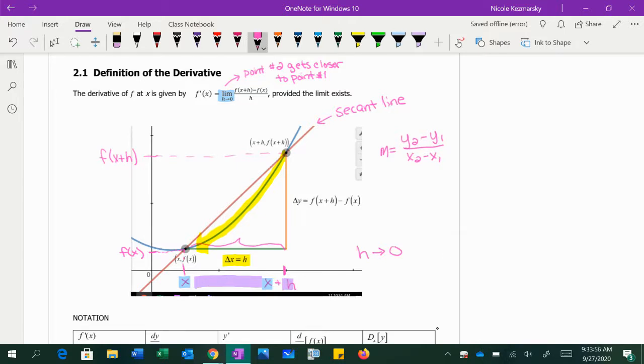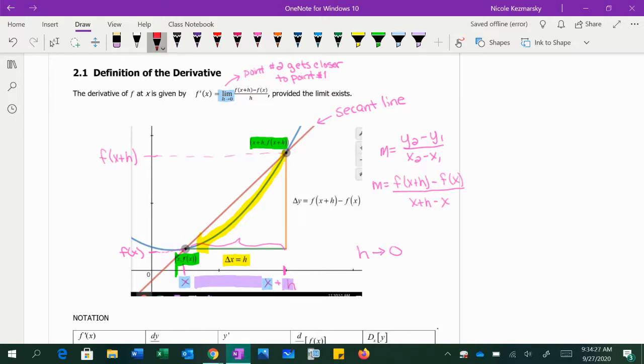If I incorporate the points that we have, and I'm going to highlight them in green, so this point and this point are the 2 points that we're using, I'm going to end up doing f of x plus h minus f of x over x plus h minus x.